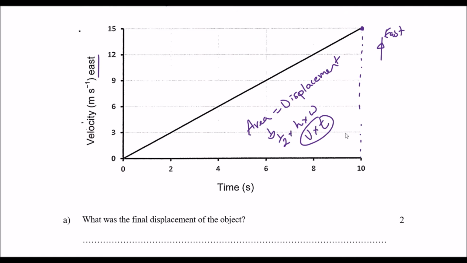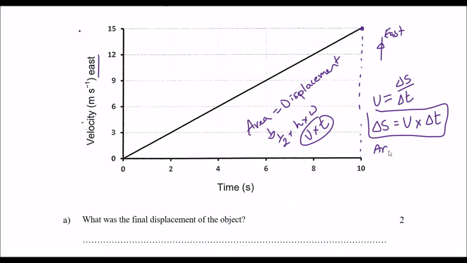If you look at the original equation from before, velocity is the change in displacement over change in time. So the change in displacement would equal velocity times change in time. And it just so happens that that matches the area of this graph. Okay, so that's why we're going to use the area calculation.